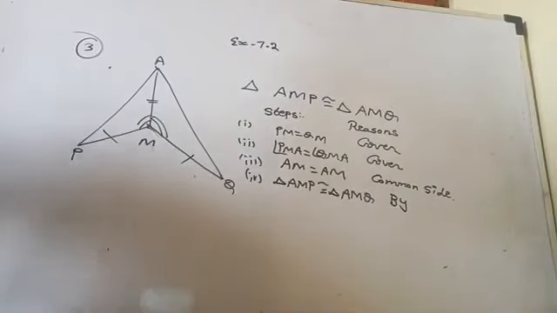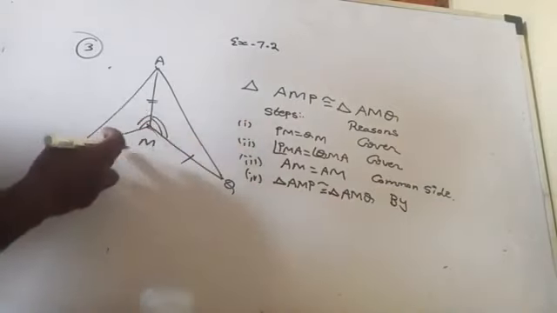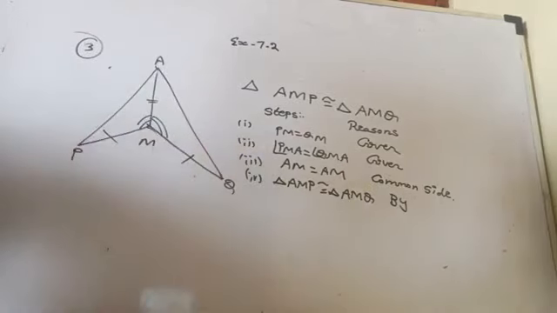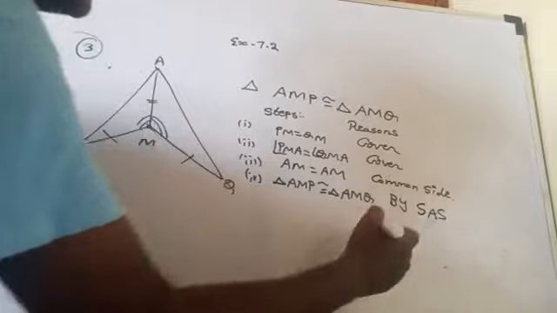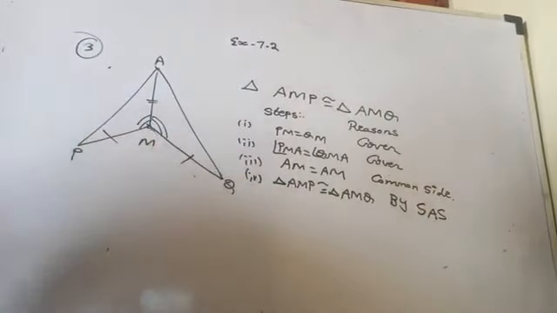By SAS, side angle side. By the SAS congruence rule, we can say that these two triangles are congruent. Are you getting there? AMP is congruent to triangle AMQ. Am I right? Yes.